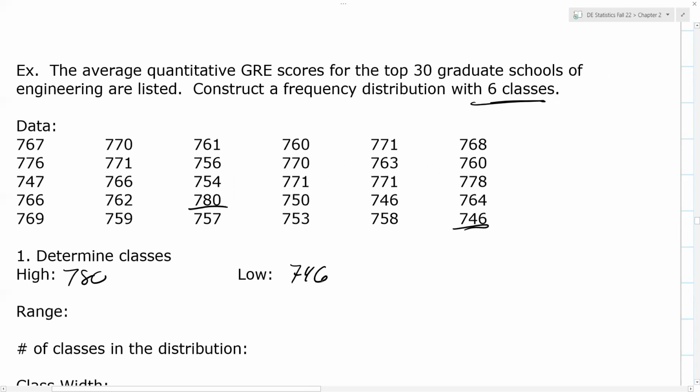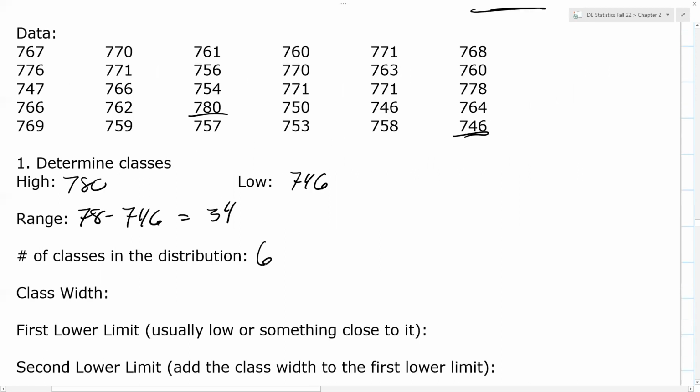So we subtract those, 780 minus 746, and that gives us a range of 34. We're going to have 6 classes because that's what it tells us. And that means we have a class width of 34 divided by 6, which gets us to 6.